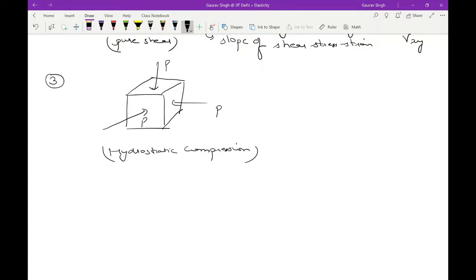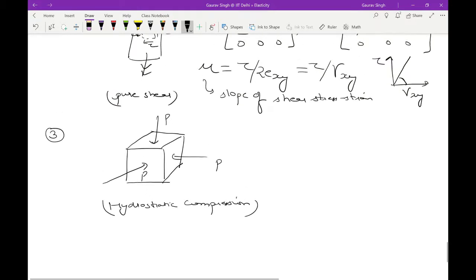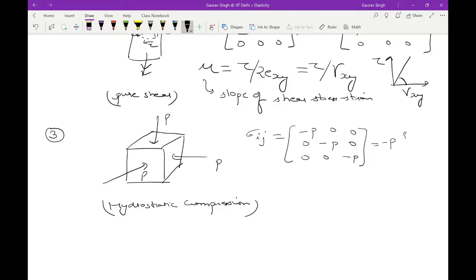Okay, so this is about a uniform compression or tension in a cubical specimen. So we are concerned with the cubical specimen only, and the state of stress in this case can be written as sigma ij is equal to minus p 0 0, 0 minus p 0, 0 0 minus p, and this is equal to minus p delta ij.